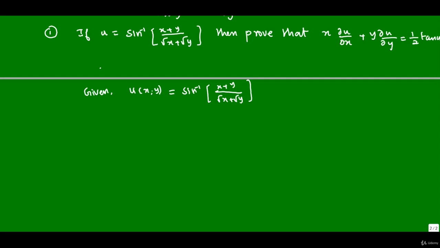We are going to solve the problem by using the statement of Euler's theorem. First, you verify this is a homogeneous function of which degree. For changing this into a homogeneous function, take the sine inverse to the left side. So your function is nothing but sin u of x comma y equals x plus y by root x plus root y.